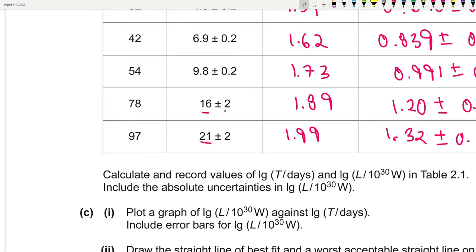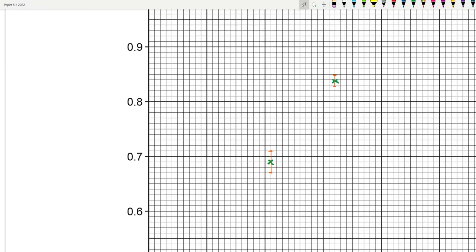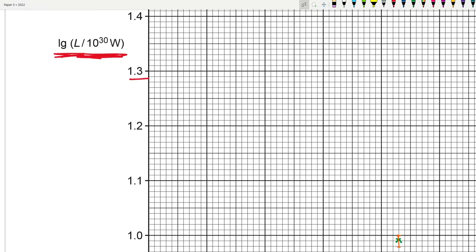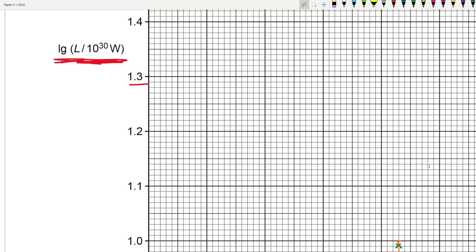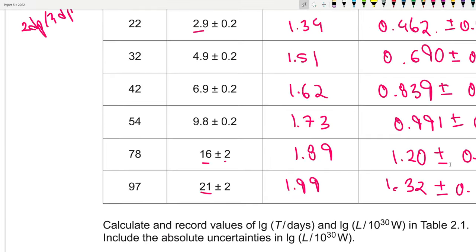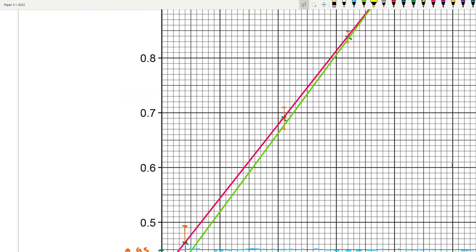Okay, 0.05, which is 1.15 to 1.25. Wait up, is this wrong? I think I drew a wrong error bar over here. Okay, wait, let me check.